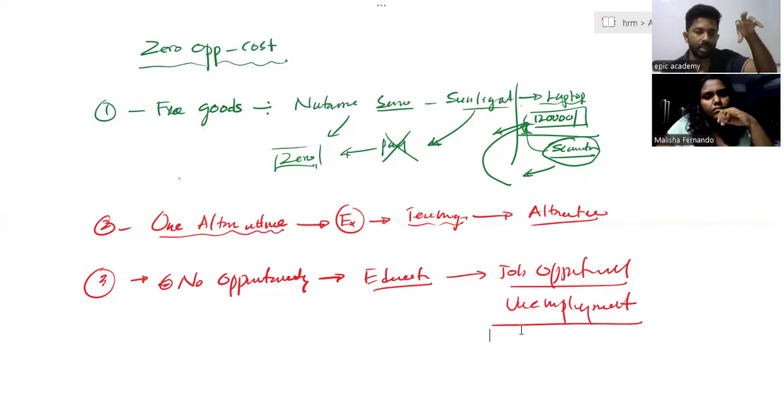If you choose one stream, you have to sacrifice other streams.